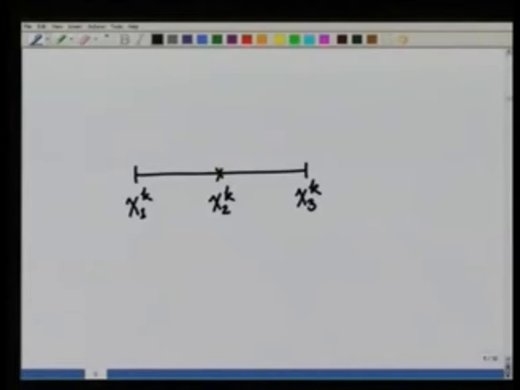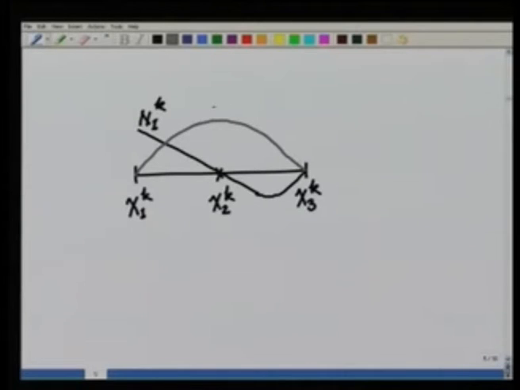Similarly, the phi 2k minus 1 in this element would be called n1 of element k, and phi 2k will be called n2 of k.